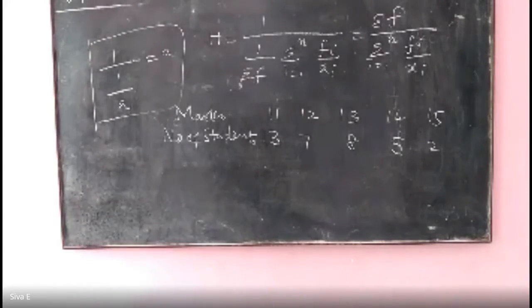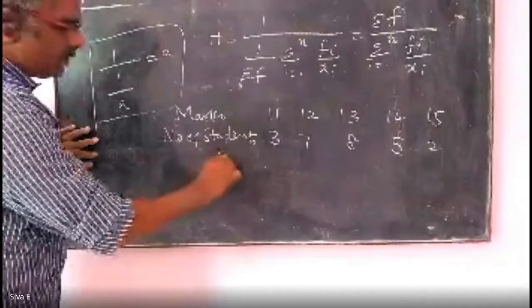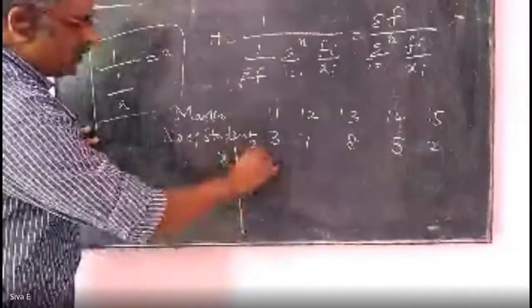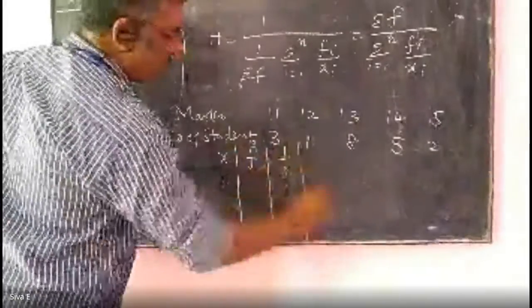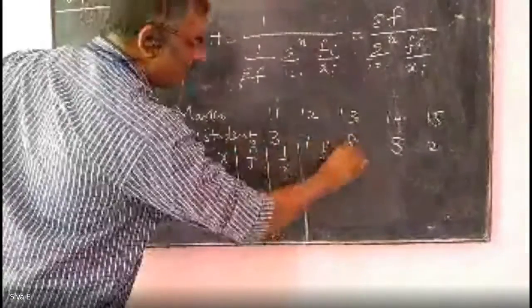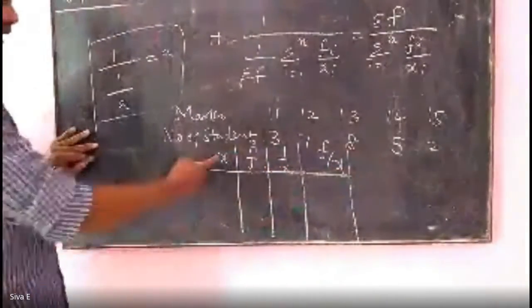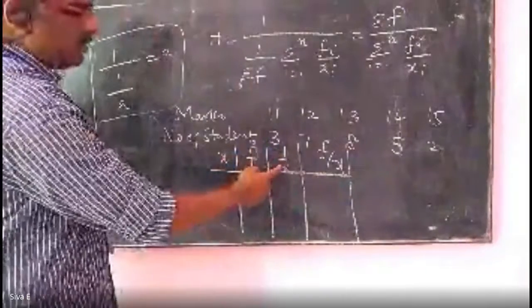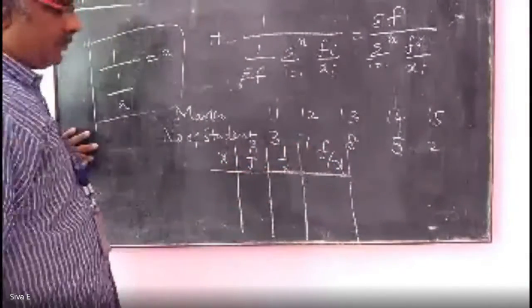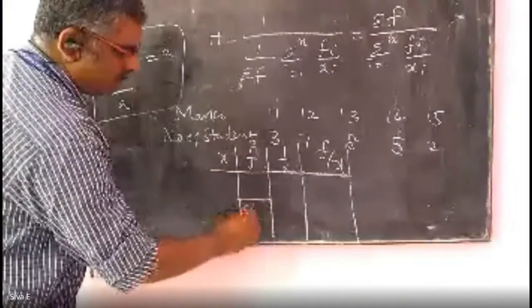So you have to form the table with 4 columns: x, f, 1 by x, f by x. From here we can write summation of f.